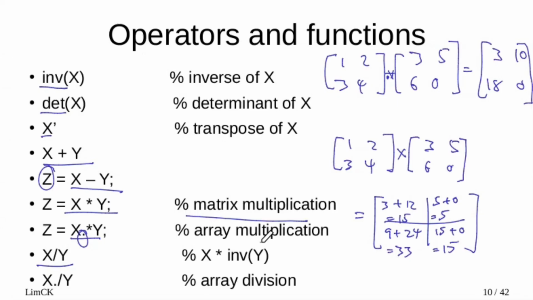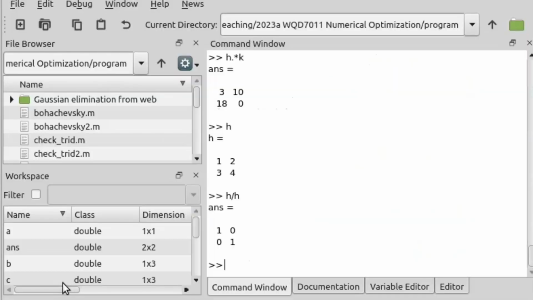The version with the dot here means we divide element wise. Element wise division, just like this one. This is element wise multiplication, right, with the dot. The one with the dot is element wise division. Maybe I want to use h.